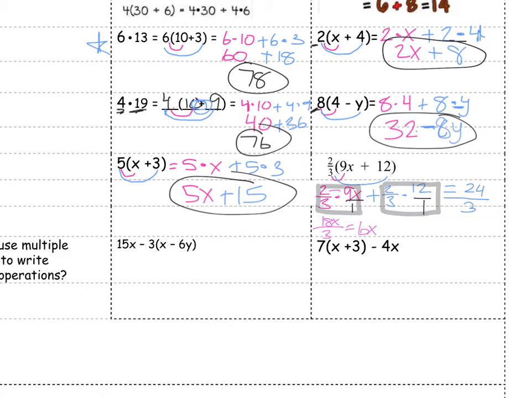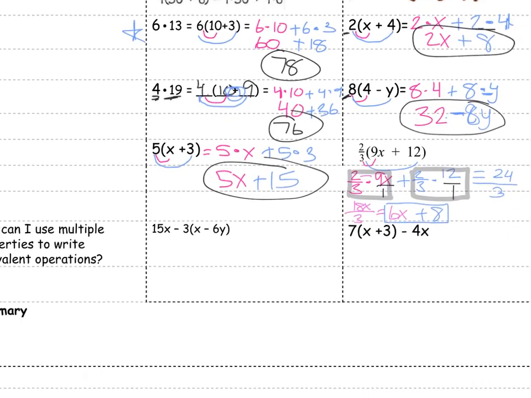Remember, just multiplying across. 24 divided by 3 is 8. So this is what we are left with: 6x plus 8. So when you have fractions, you're just multiplying across like you do when you have regular fractions, even if there's a variable in there, right?